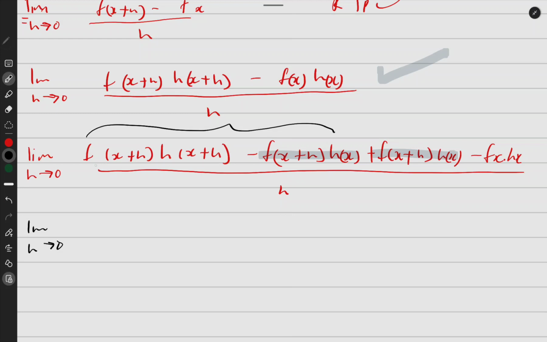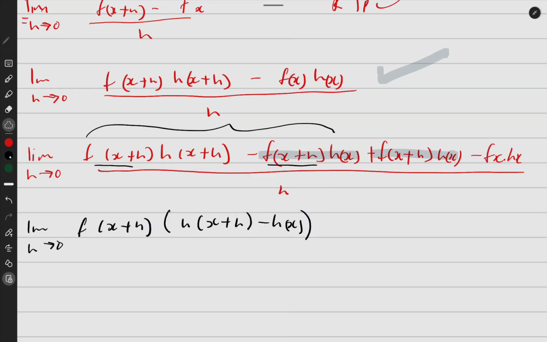What is common is this, here and here. We can take it out, right, and we'll have f of x plus h. I'm taking it out, and if I take it out here, I'll have h of x plus h, and if I take it out here, I'll have minus h of x. Close. Okay, let me move my stuff here.